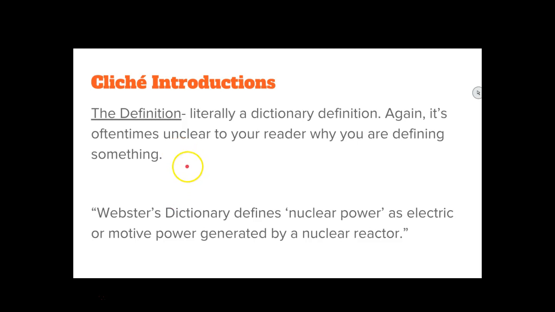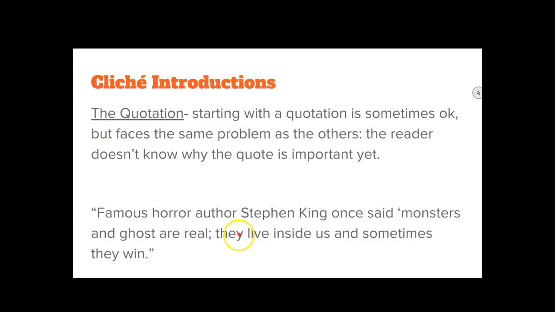Best friend is defined by Longman's Dictionary as someone blank, blank, blank. Are you kidding me? That is not going to catch my attention. If anything, I'm going to be like, wow, this is lame. They're reading the dictionary to me. So in this example about nuclear power, why is this relevant? I have no idea. So looking up a definition in a dictionary is not what you want to do.